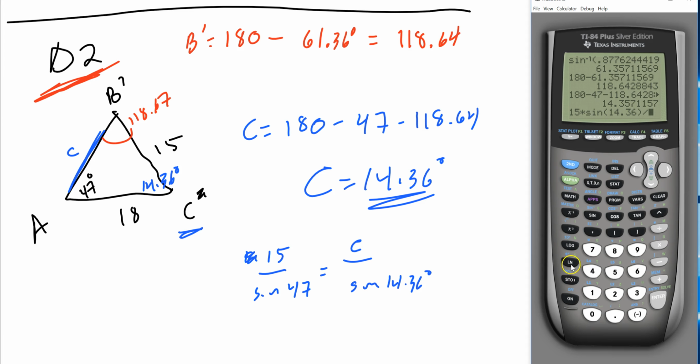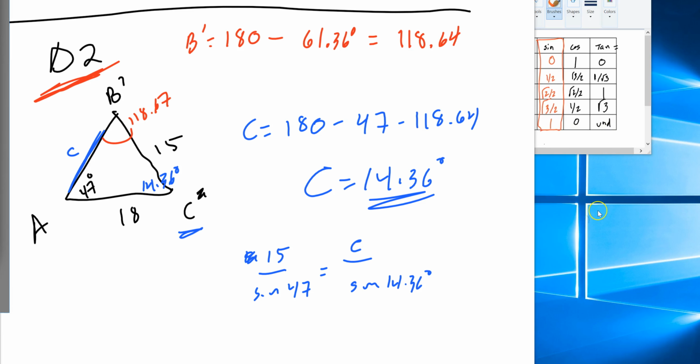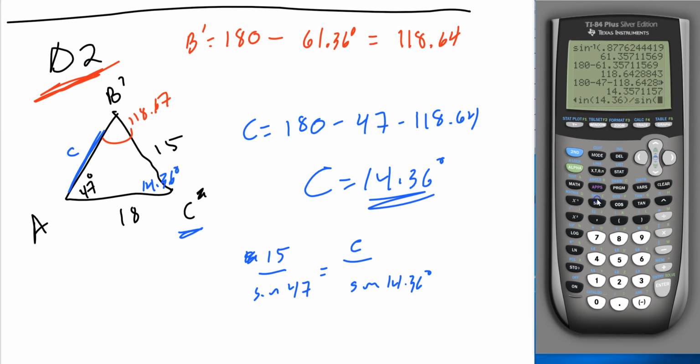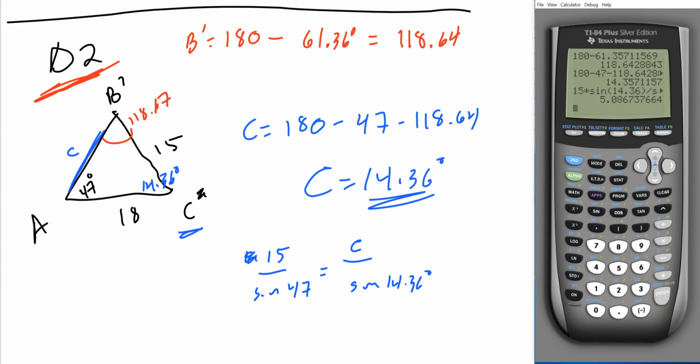I'm going to get 15 times sine of 14.36, divided by sine of 47. Yeah, I hate when that happens. And I get about 5.09. And that's triangle 2 solved.